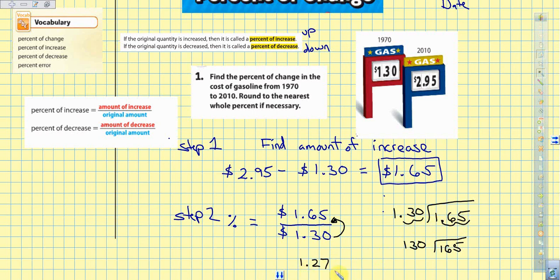To change this to a percent, we move the decimal over twice, and we increased our gas price by 127%.